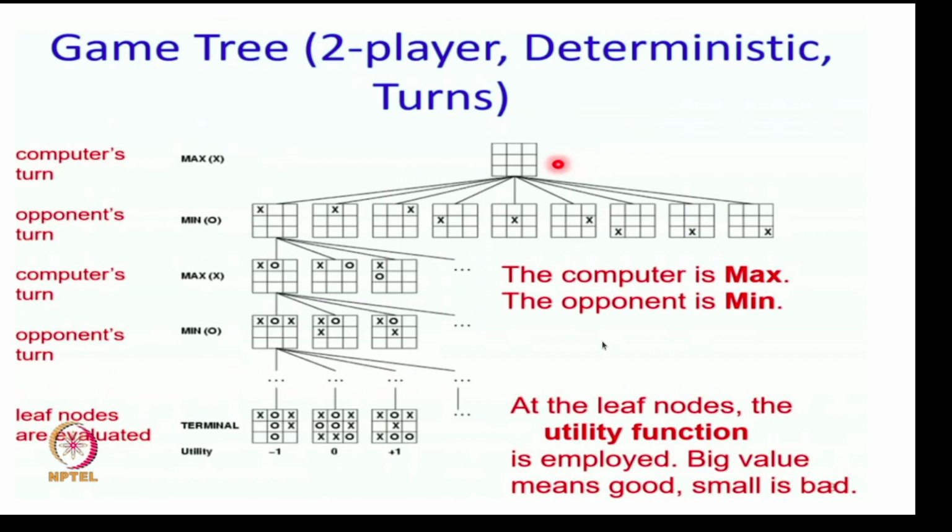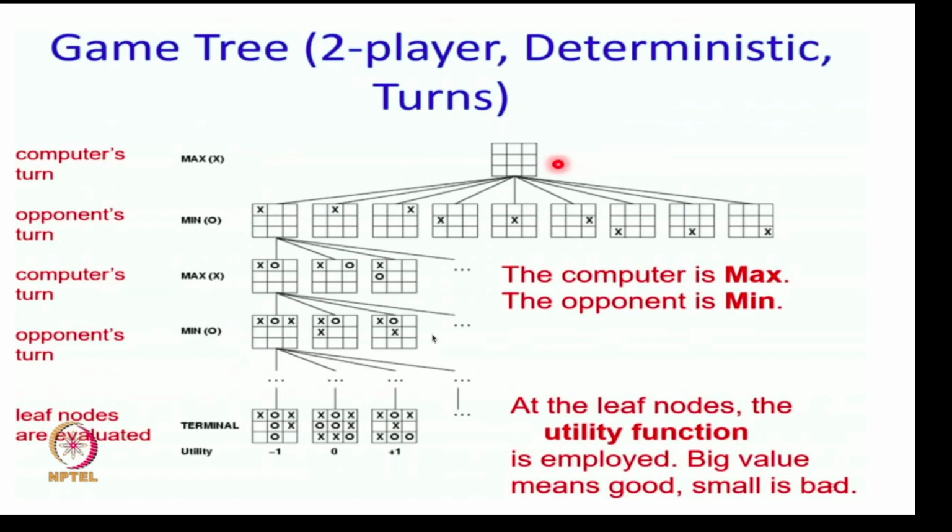So from here you have to put X. You will be putting X at such a position that your objective is maximized, right? So these are the possible situations where you can put. There are 9 possible situations where you can put cross, right? 3 in the first row, 3 in the second row, and 3 in the last row. So these are the 9 states.